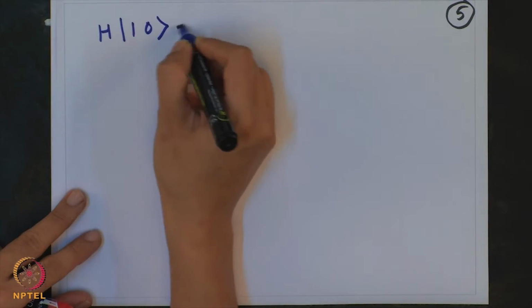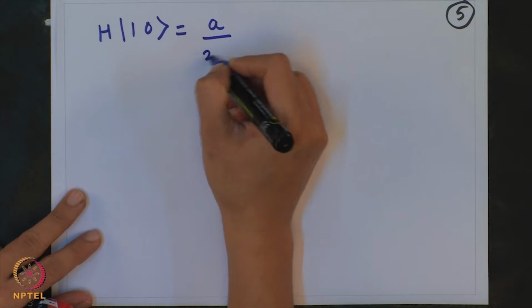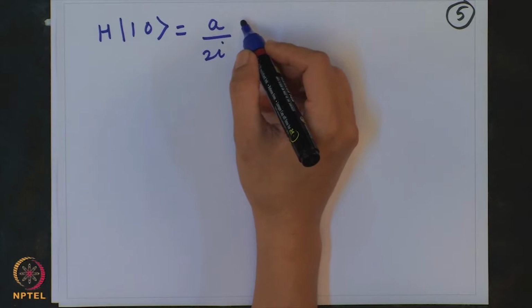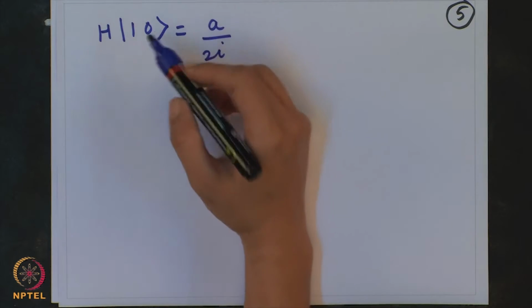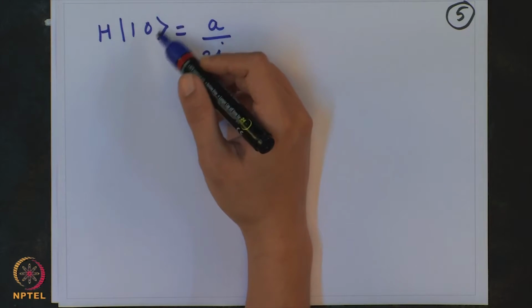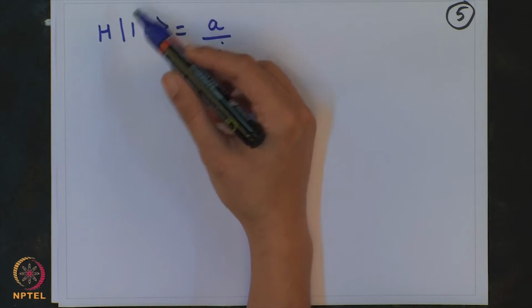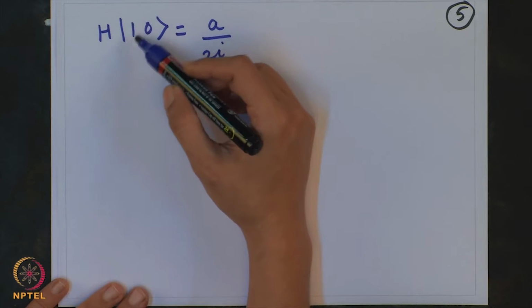So, when I operate on ket 1 0, I have 2i and then L plus will take the ket from 0 to 1, 1 to 2. So, you cannot write it as a linear combination.